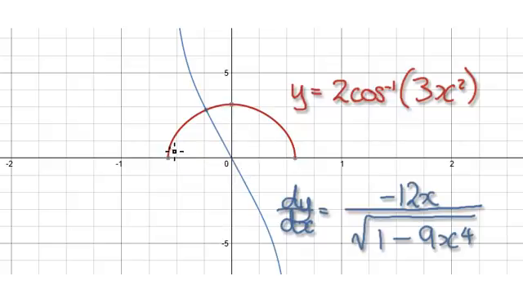Now looking at this point here on the red line, the gradient is positive, quite steep, all the way up here. Now looking at the blue line, it is at a positive level, and it's quite high.